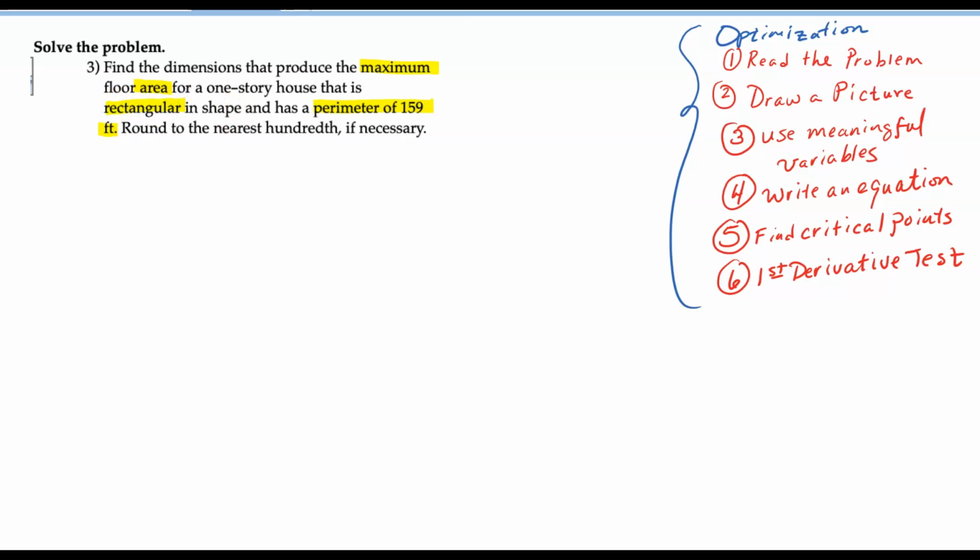We're going to call the function A, which is the length times the width. And I know the perimeter P is 159. And I also know that perimeter is 2 times the length plus 2 times the width. And so 159 then equals 2L plus 2W.